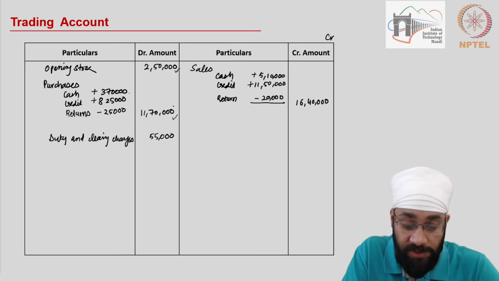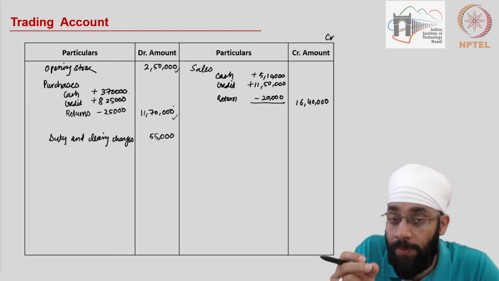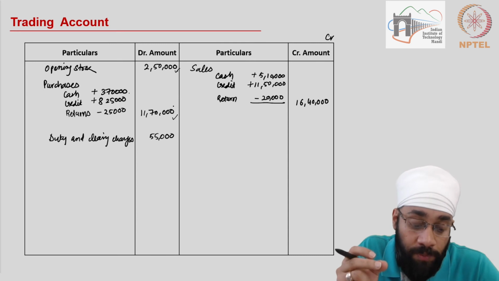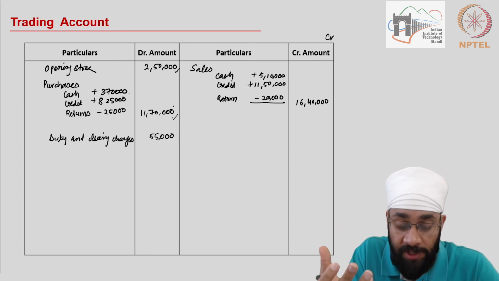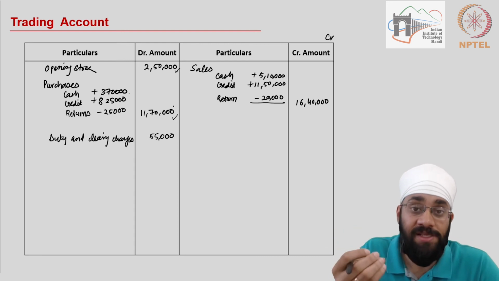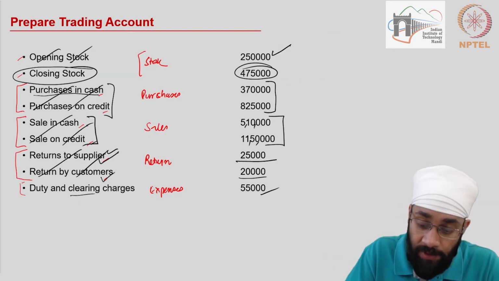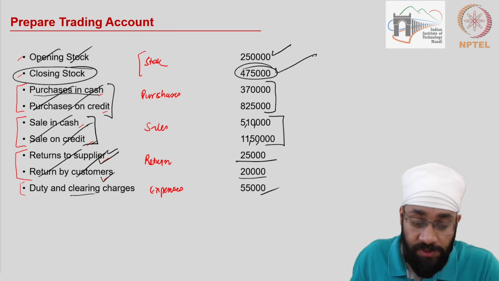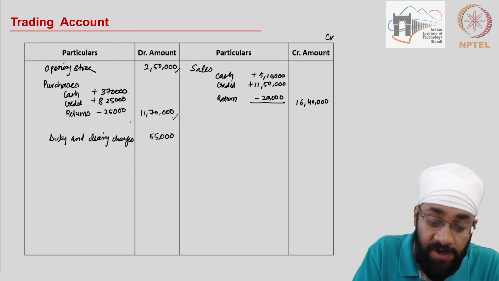So 2,50,000 and 11 lakhs and 70,000 is the cost that you paid, the expenses that you paid to purchase or earlier purchased these goods. However, 4,75,000 worth of goods are unsold here. 4,75,000 rupees worth of goods are unsold, and you should deduct that.